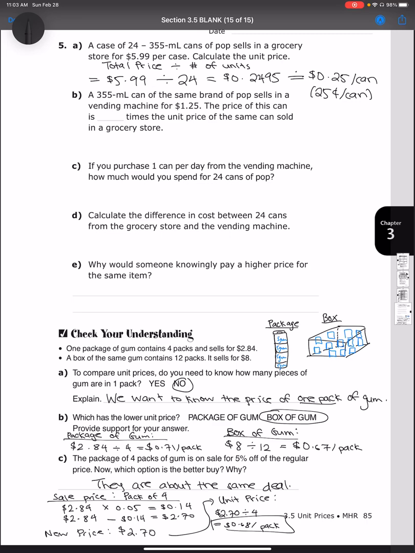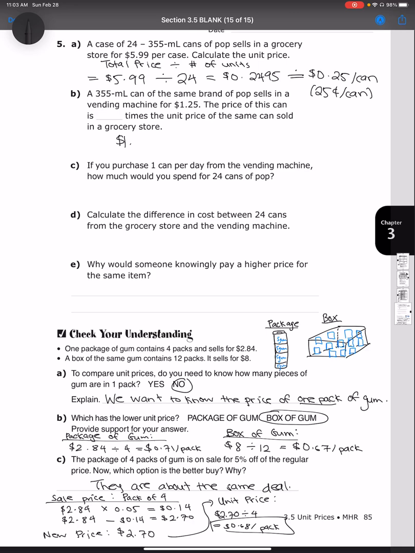How many times more is the cost of the vending machine can than the one that you purchased? Well, we know that the vending machine one cost $1.25. To figure out how many more times that can cost compared to the ones that we bought, we would have to divide it by our unit price of 25 cents. So we would do $1.25 and divide it by 25 cents. And that gives us 5.